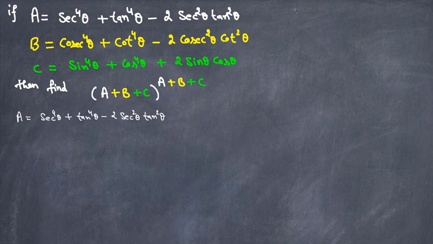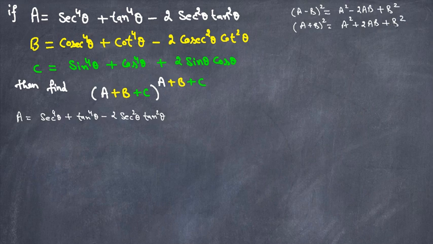If you guys remember from algebra, I believe a minus b square is equal to a square minus 2ab plus b square. How about a plus b square, which is equal to a square plus 2ab plus b square. Now look at this example over here, the value of a. It looks something like this value over here.